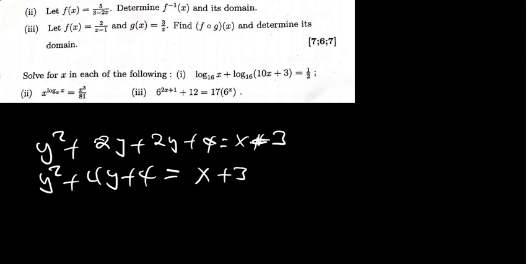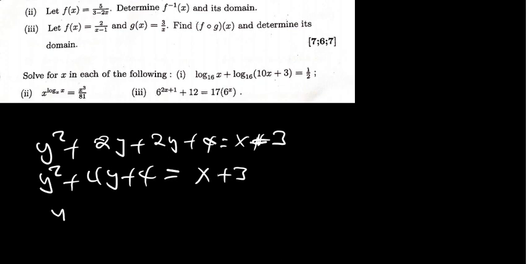Now what you have to do here is make x the subject of the formula. It's going to be y squared minus 4y plus 4 equal to x plus 3. I'm going to shift the 3 to the other side.